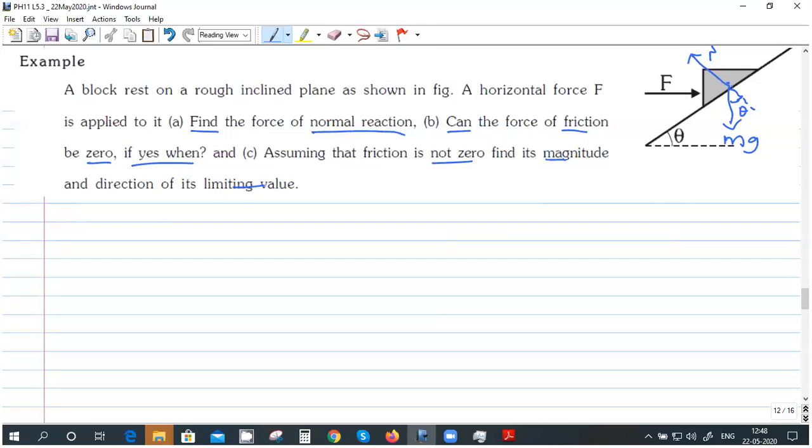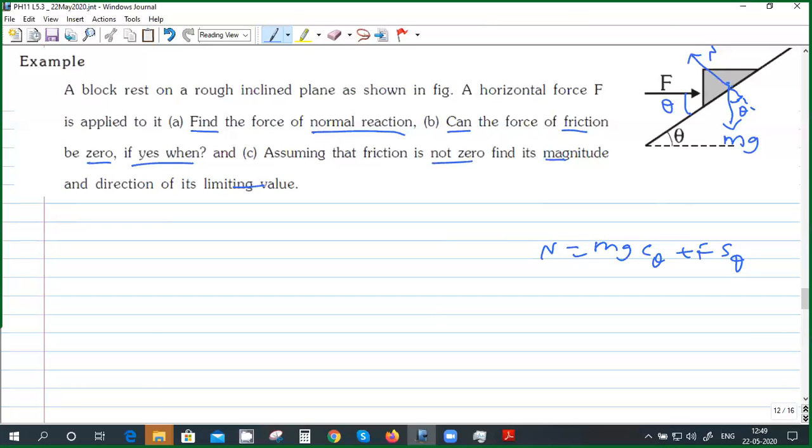Alternate angles, theta. So the normal reaction here is mg cos theta plus F sin theta. Correct?